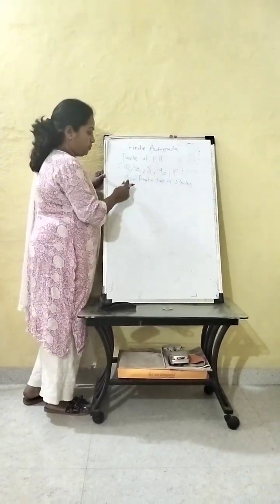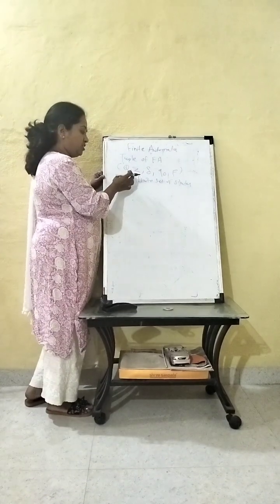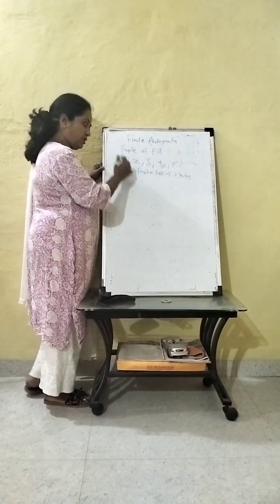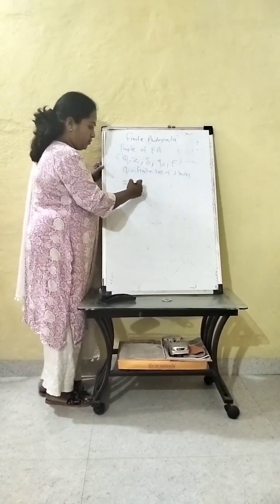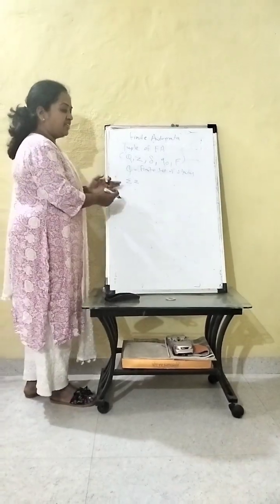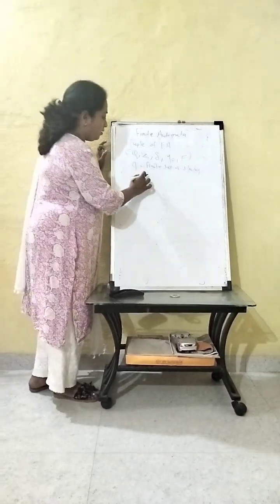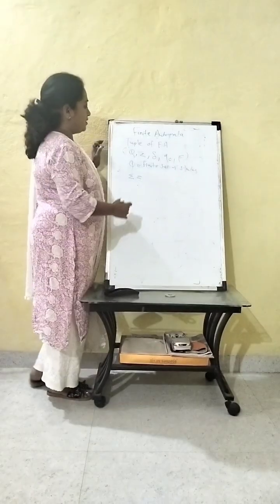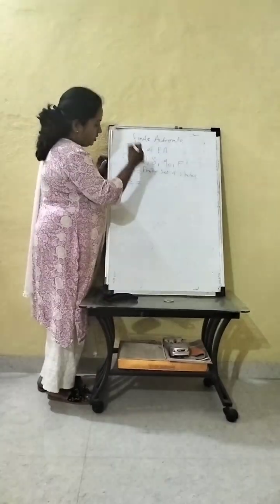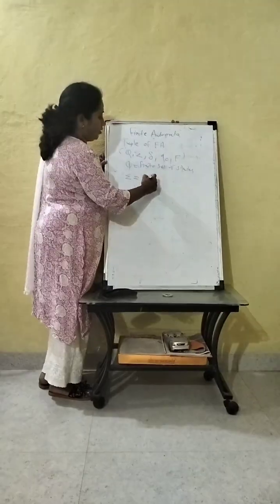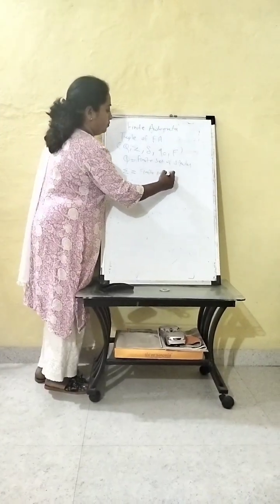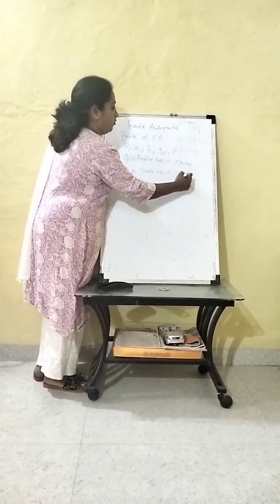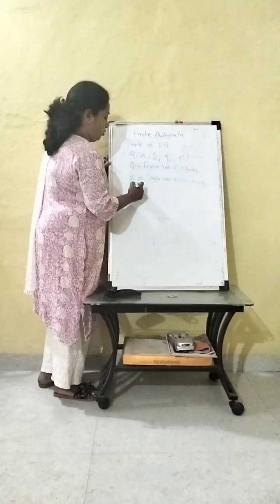So Q is a finite set of states. It contains ready state, dead state and final state. Next is summation. It is a finite set of input symbols.